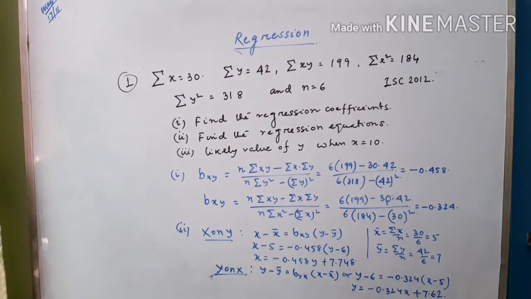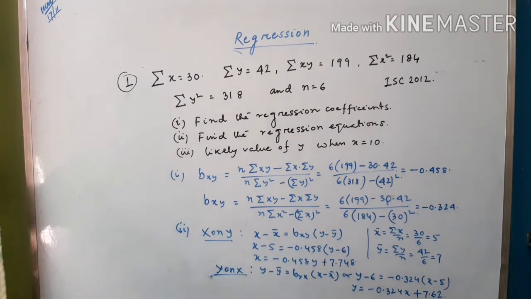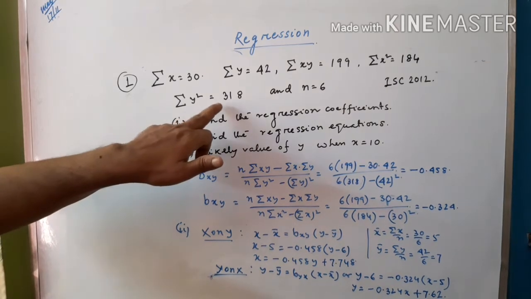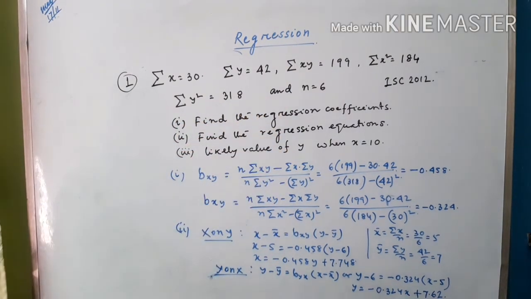Now we shall discuss how to solve the problems of regression and which formula is to be used. So first I am taking an example, ISC 2012. Here you can see that given sigma x equal to 30, sigma y is 42, sigma xy is 199, sigma x square is 184, sigma y square is 318, and n equals 6.